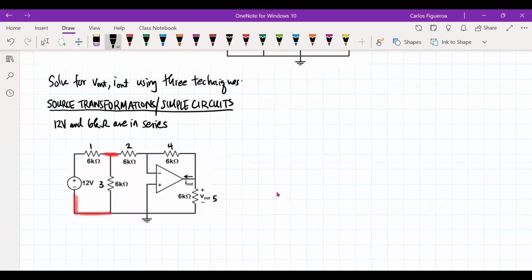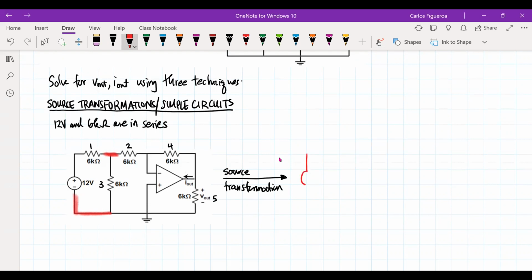So now I'm going to do a source transformation right here. I'm going to transform this guy. I'm going to get 12 divided by 6, which will give me 2 milliamps.